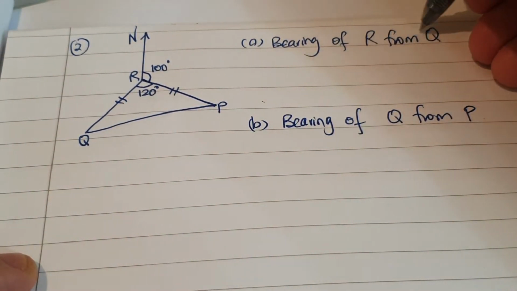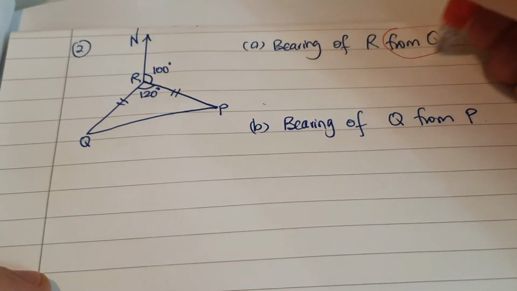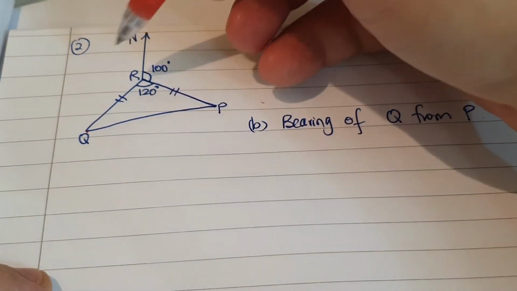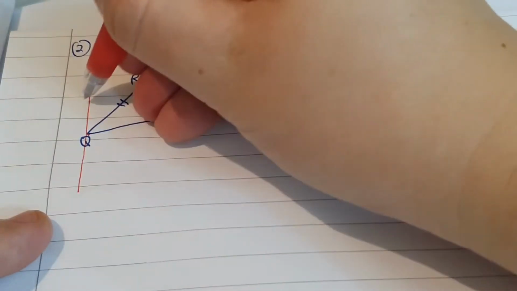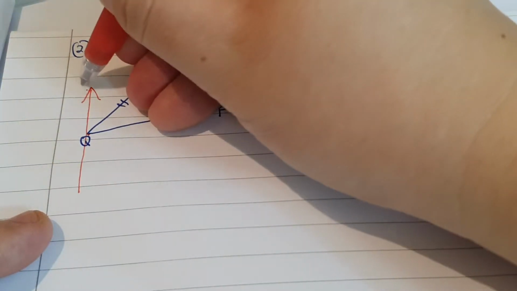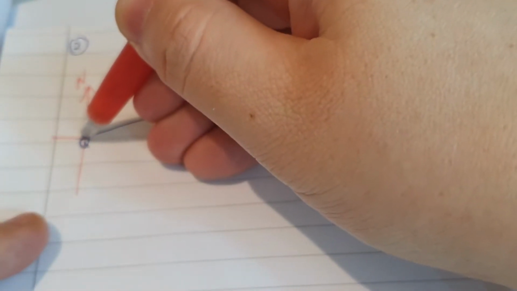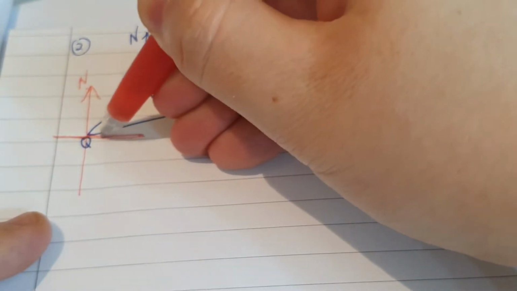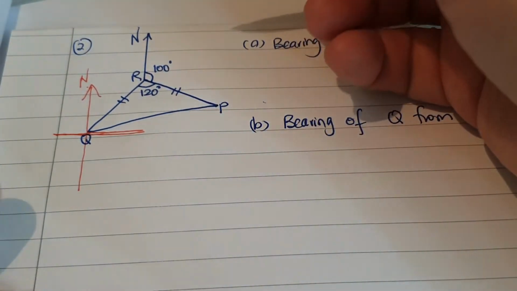Bearing of R from Q. From Q, again, let us stand at Q. Okay, there is no north line at Q, so I draw this north line pointing in this north direction. So this is north, this is south. Then as a beginner, I draw a horizontal line, so that I know that it's 90, 90, 90, 90. Sometimes it's useful, sometimes it's not.